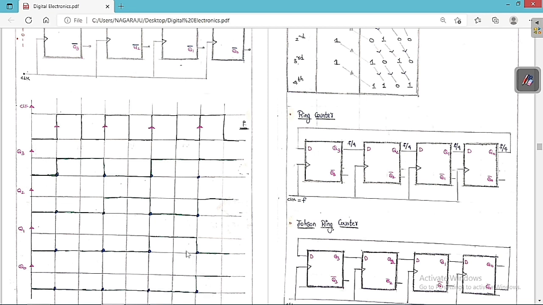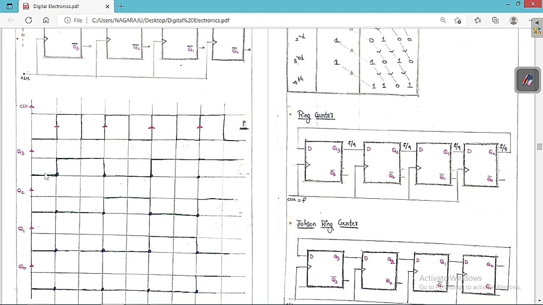Again before that it is 1, so we are going to get 1. So these are the output natures you are going to see. Initially we are going to get 0, 0, 0, 0, 1, 0, 0, 0, then 0, 1, 0, 0, next 1, 1, 1, 0, 1, 0, then 1, 1, 0, 1. Like this we are going to get.